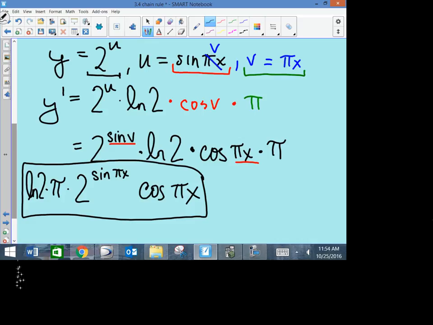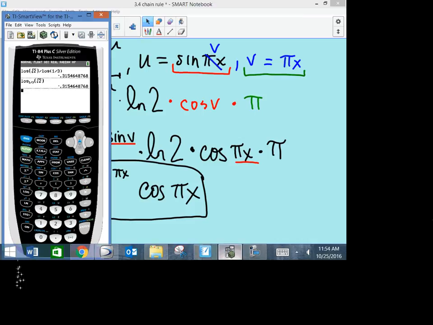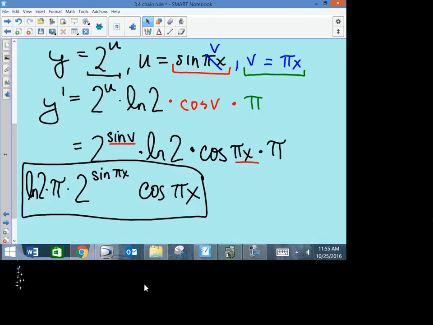You usually don't put 2 to the sine pi x and ln 2 as one unit? No, ln 2 is just the constant. It's ln of 2, whatever that is. It doesn't really matter.